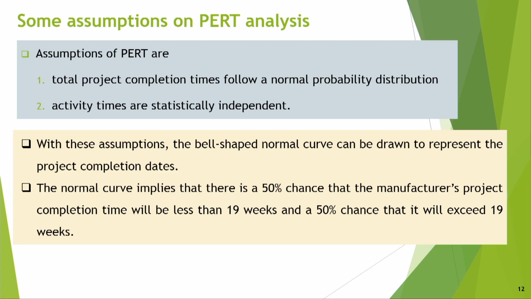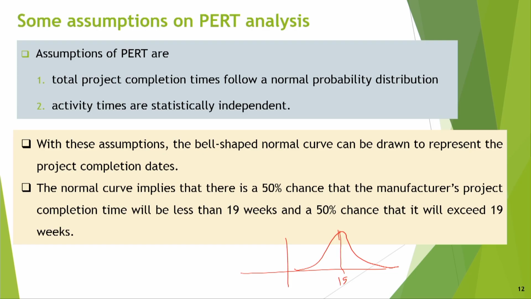So, with these assumptions, the bell-shaped normal curve can be drawn to represent the completion dates. So, suppose completion date is say 15 weeks maybe. So, you draw at 15, it will have a peak, a bell type of shape. This is the normal distribution curve, that type of curve will come.